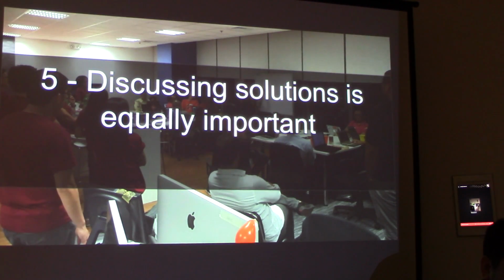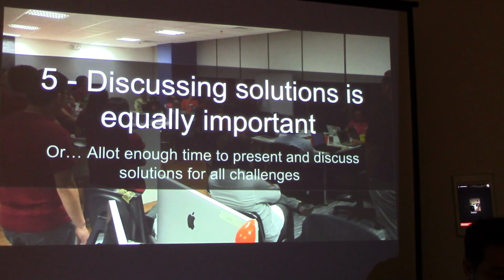Number 5, discussing solutions is equally important, or allot enough time to present and discuss solutions for all challenges. We had a bunch of people present their solutions during the meetup, which the team organizing thought really helped, because we felt the sharing was important.